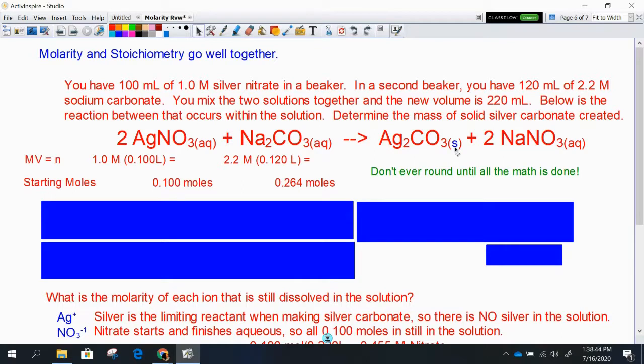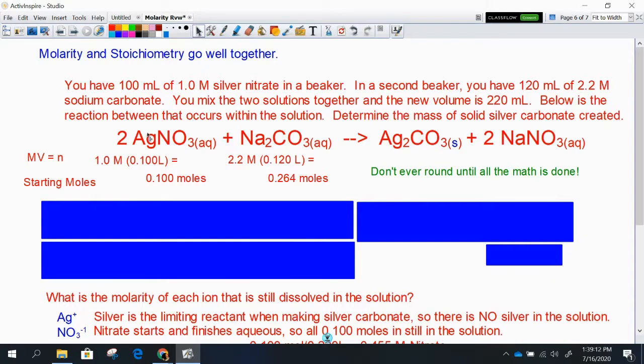Stoichiometry is usually done with moles or sometimes starts with grams. So the first thing I would have done is take those molarities and volumes and calculate the moles. So I did molarity times volume, and I got 0.1 moles. And then I did the molarity and the volume, and I got 0.264 moles. And I want to point out in this stoichiometry question that we have two givens.